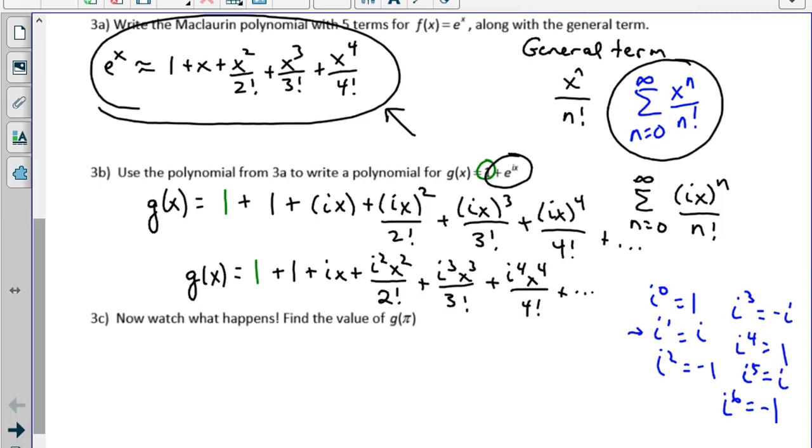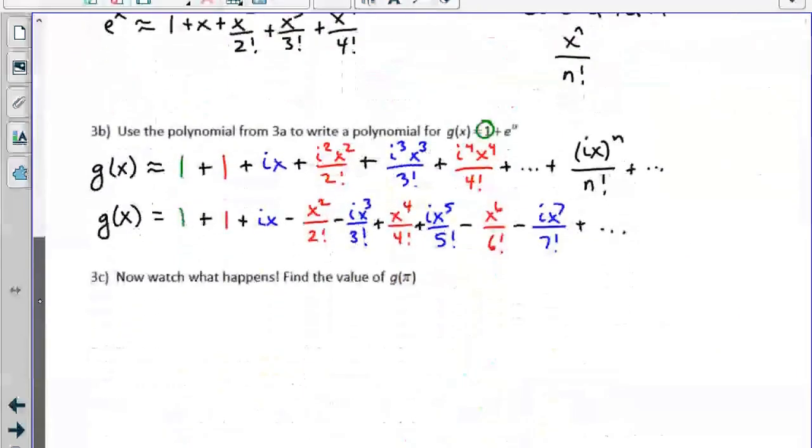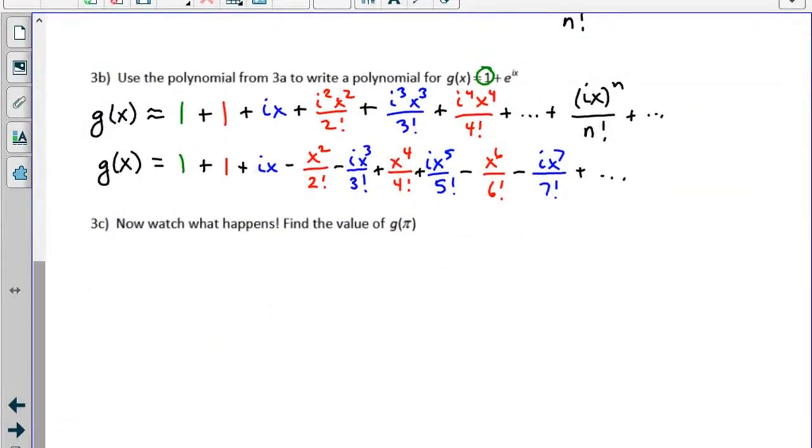Now to find g of pi, notice that g of pi is going to be 1 plus e to the i pi. I've pre-written a lot of this in order to save ourselves some time. I have the 1 from the problem that I wrote in green.